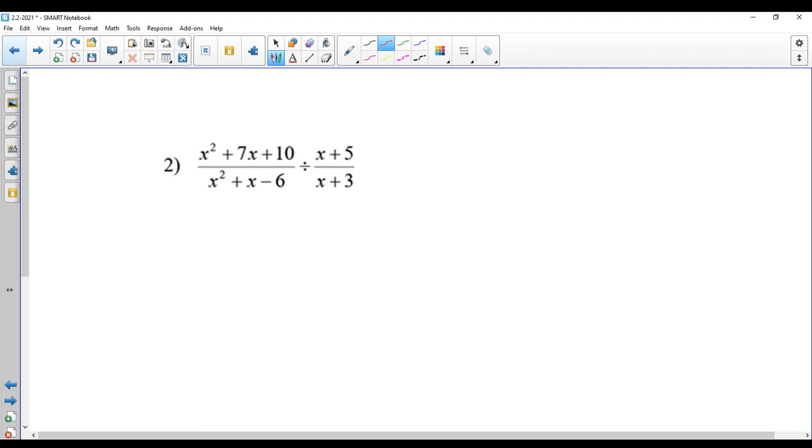Ashton, I'm going to need your help. Before we do anything else, though, let's deal with the fact that we're dividing. So, and then we change our multiplication, right? Okay.